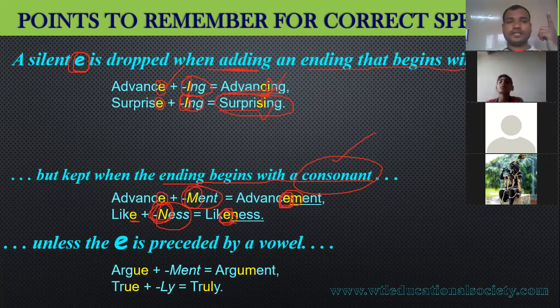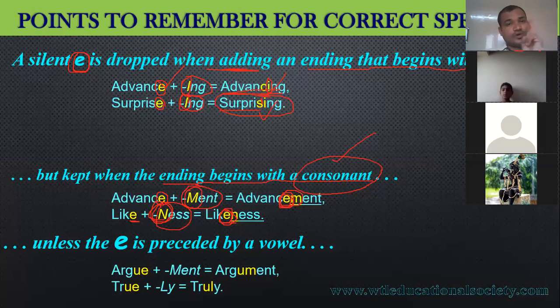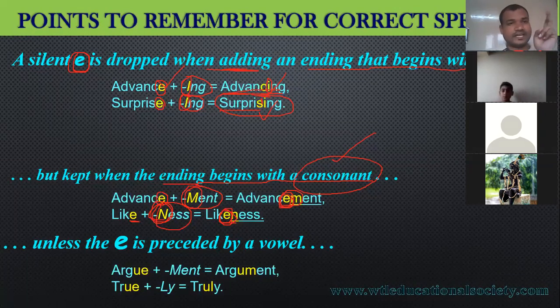So the first point is we need to drop letter E when we are adding an ending beginning with a vowel. The second case is a little opposite: if it is a vowel, we drop letter E; if it is a consonant, we do not drop letter E. That is the second point.